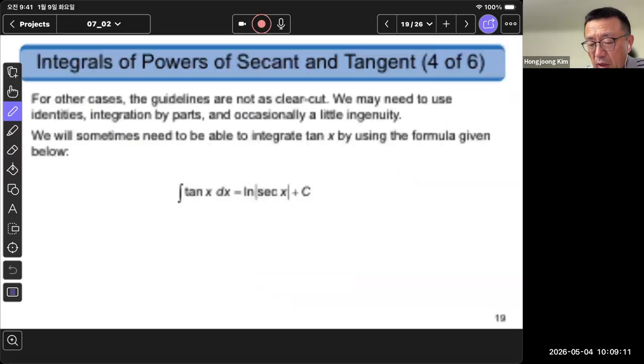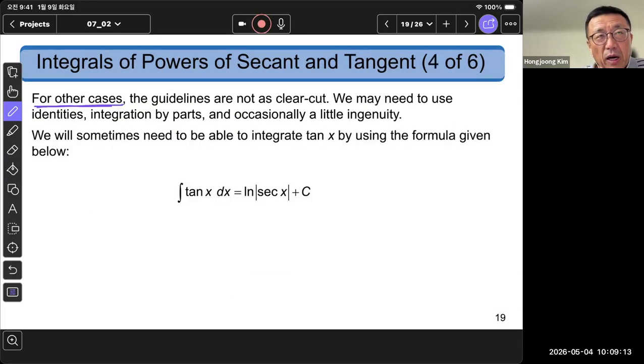Otherwise, we do not know how to handle it. There is no one guideline. You need to apply several ideas, such as trigonometric identities, or you can apply integration by parts, and so on.